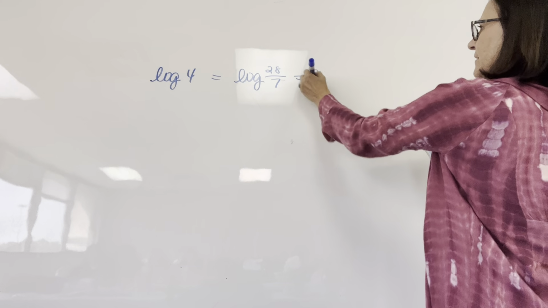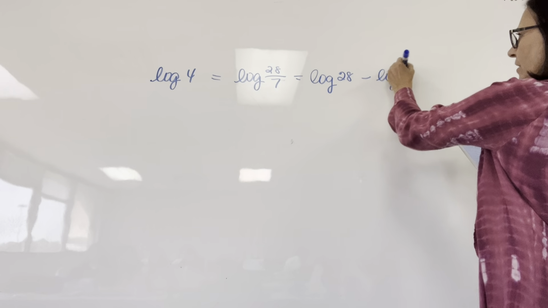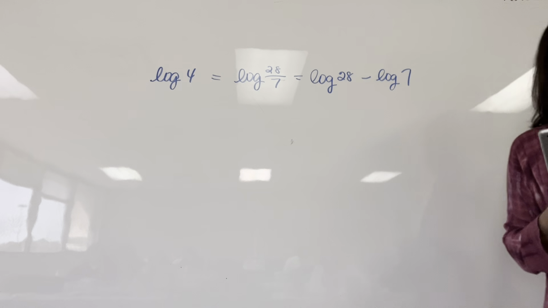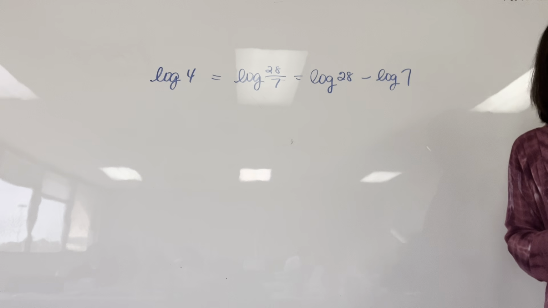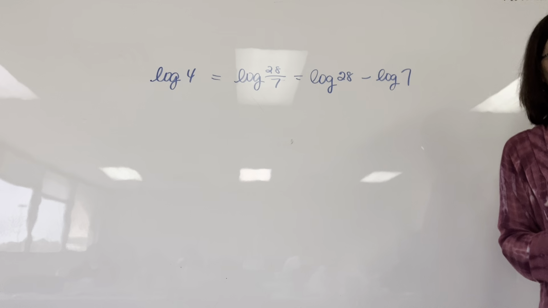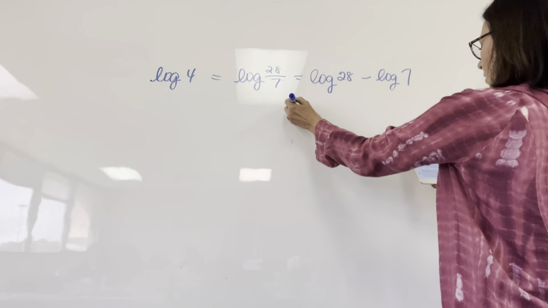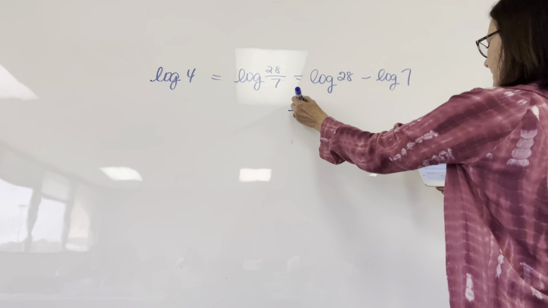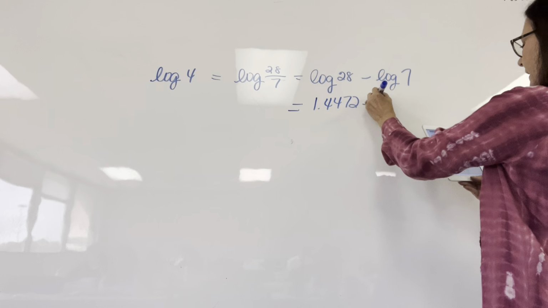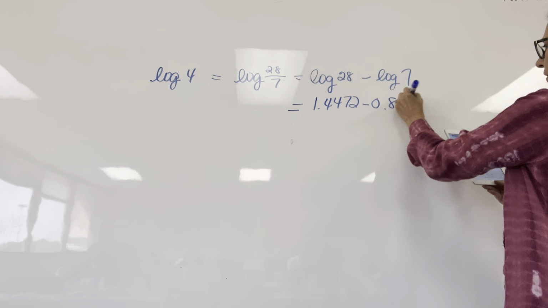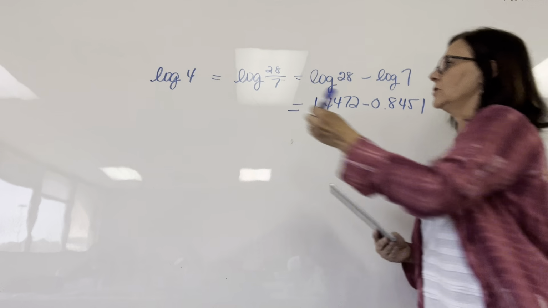Is that the same thing as the log of 28 minus the log of 7? Yes, it is. I'm sure those are the numbers they gave us. Example 3. All right, so the log of 4 equals, this is given, 1.4472 minus 0.8451. That equals the log of 4.